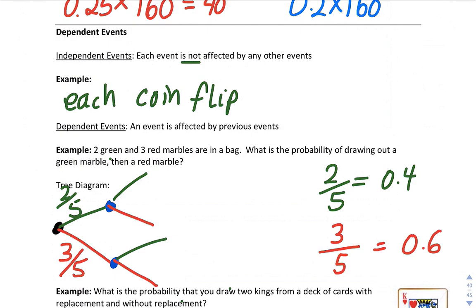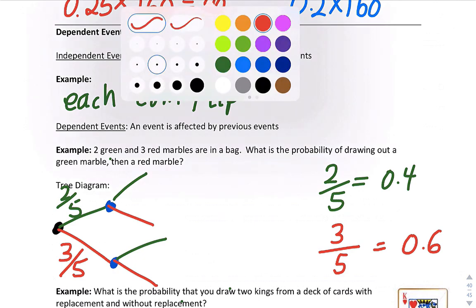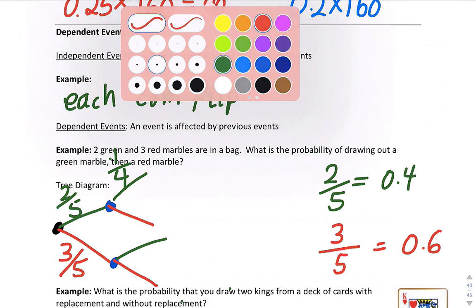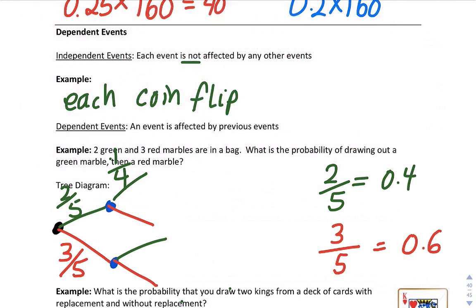Okay, so dependent probability, one depends on the other. So let's say you draw a green marble and then another green marble, so then you only have 1 left out of 4. I guess I didn't need to write those probabilities. But if you draw a green marble, and then a red marble, so there are 3 red marbles, but now out of 4.